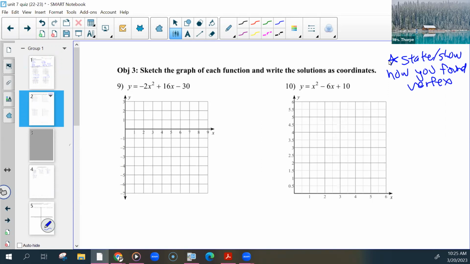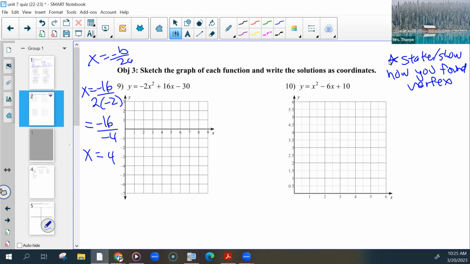So algebraically, I started to do the x equals negative b over 2a for each one. So this would be negative 16 over 2 times negative 2. And that would give us negative 16 over negative 4.